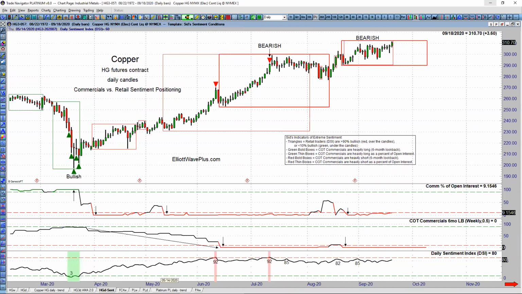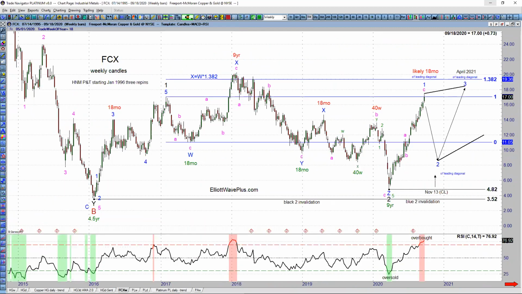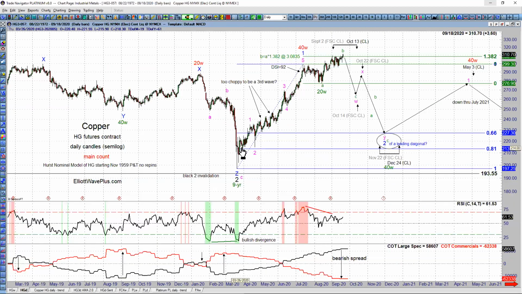It's been kind of really odd, and I've been pointing out how odd it was, because the move up, like right through here, didn't look like a wave 3. This doesn't look like a 5th wave. Really nasty business, really nasty price action in this item.